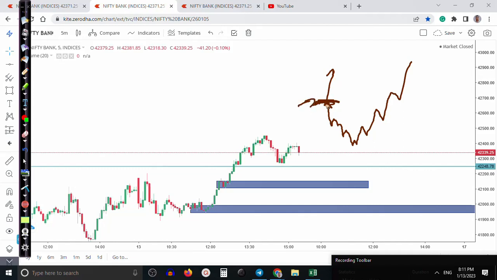We don't enter when the market is shooting up after opening gap up. We wait for a pullback, and then use the price action method in a small time frame. Once the price action forms higher high and higher low in the 1-minute time frame, we'll buy after a pullback. After forming a dip, buy in an uptrend. We'll follow that rule.